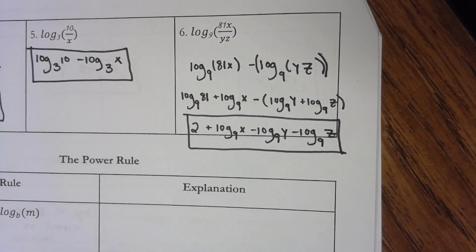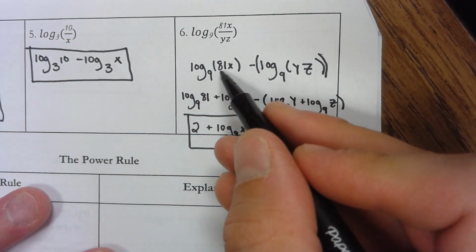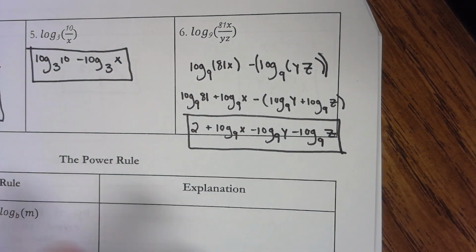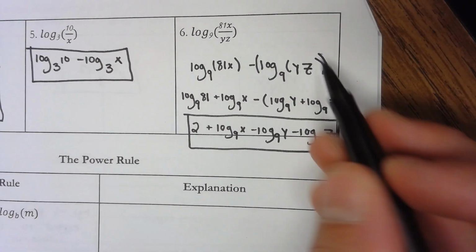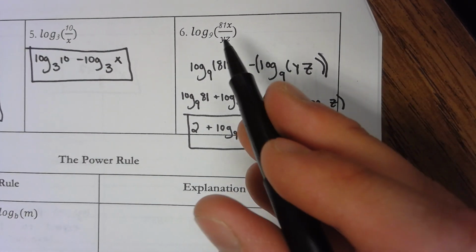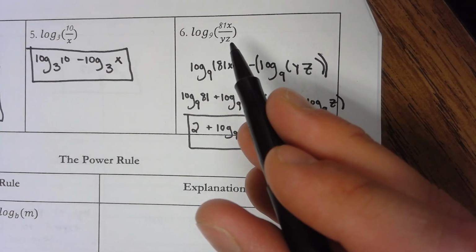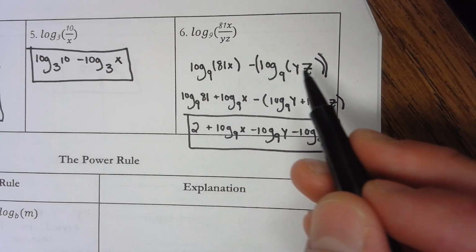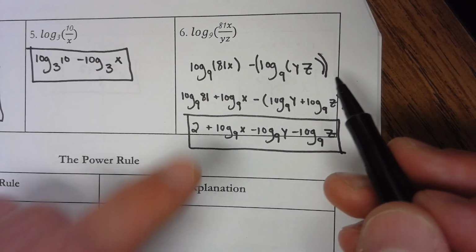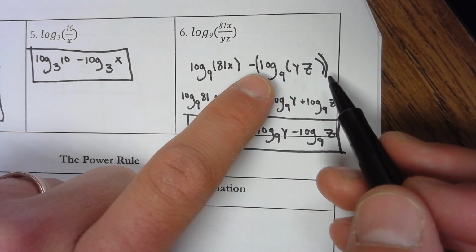So those logs can be further expanded where I add the logs of the factors we're taking. The one that gets really odd is the 2 terms that are in our denominator, the y and z. We are subtracting both of those logs. So the use of parentheses helps us keep track of that.